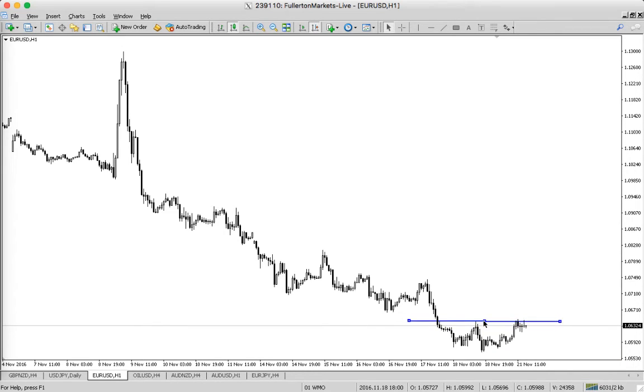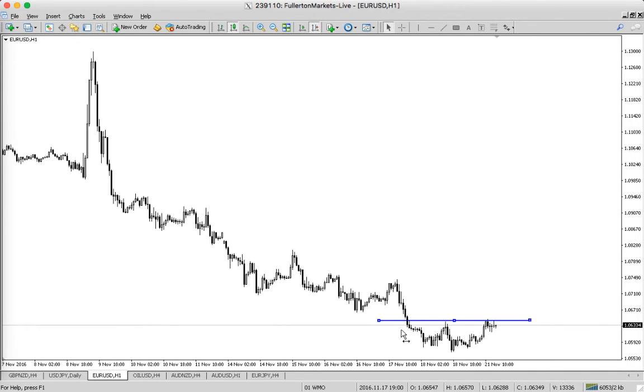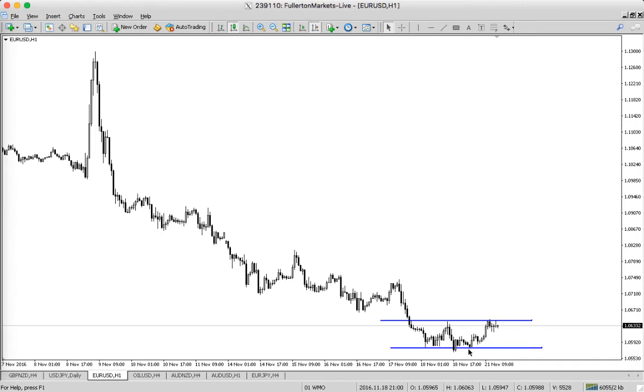So the euro dollar is so-called consolidating in quite a tight range. Over here, you may be able to see a similar range.